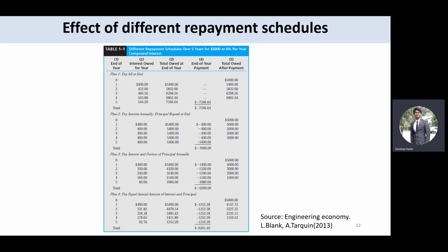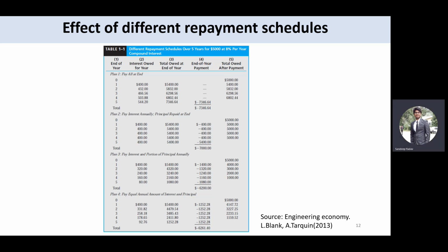Suppose you have 4 options. Option 1 is to pay all at the end. Suppose you are getting $5,000 at an interest rate of 8%, and you have to pay finally after 5 years. For the initial 0th year, the total amount you owe is 5,000. From year 1, you have to pay interest, that is 8% of 5,000, which is $400.